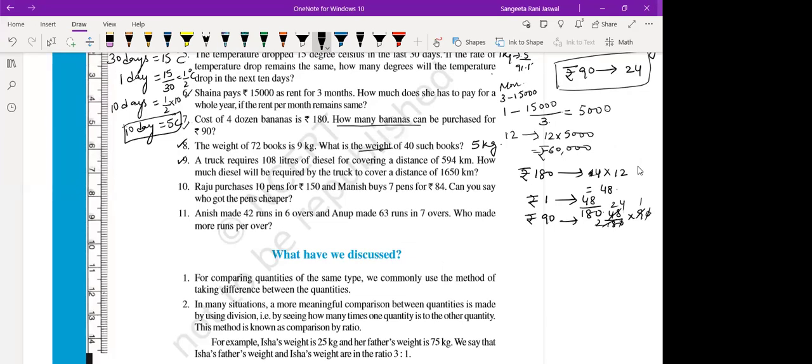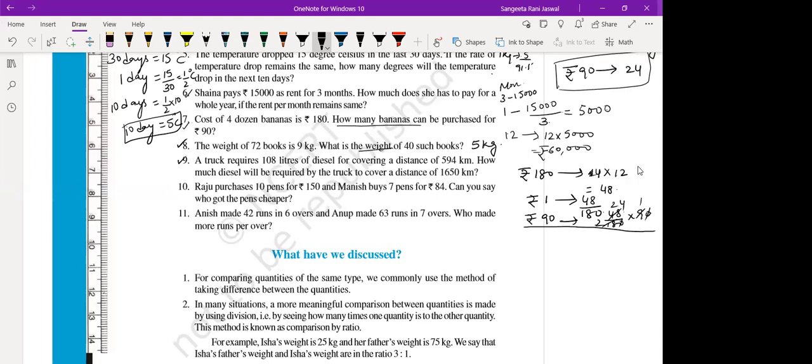So what will be your first statement? The truck requires liters of diesel to cover 594 kilometers. Just tell me the first statement, just one statement at a time.